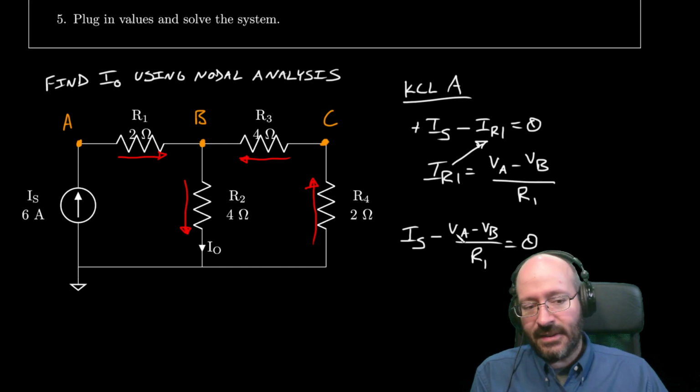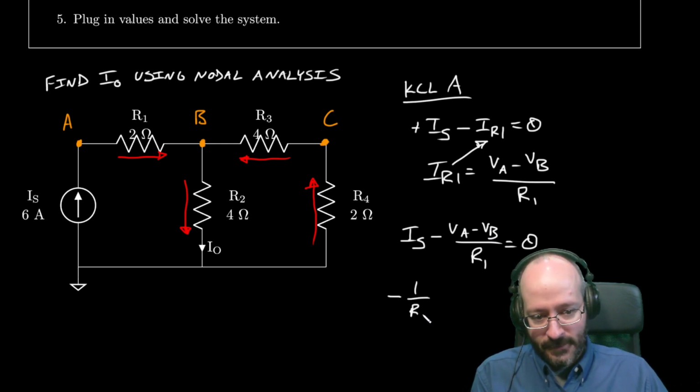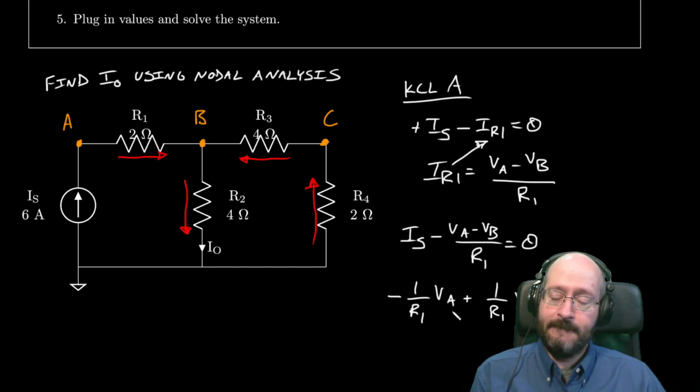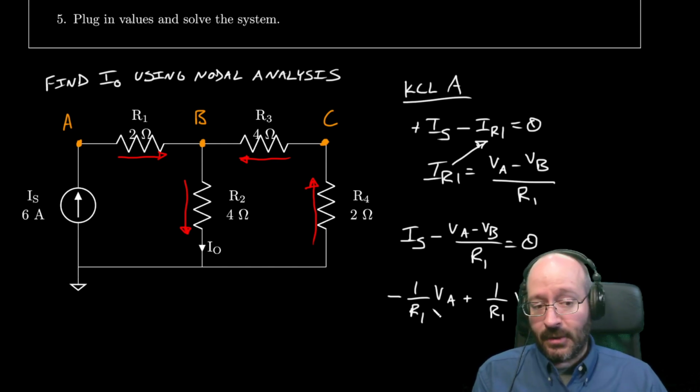Okay, and the negative sign is going to distribute to both terms. So I can rewrite this as negative 1 over R1 times VA plus 1 over R1 times VB. And then if I bring IS over, it's going to be negative IS. Okay, there's my first equation for this system.